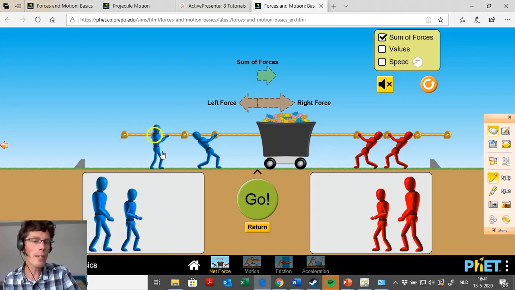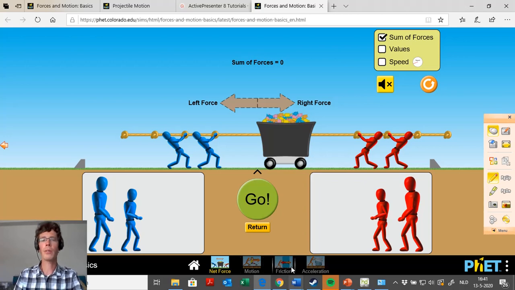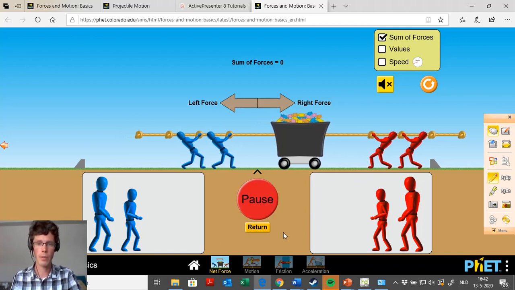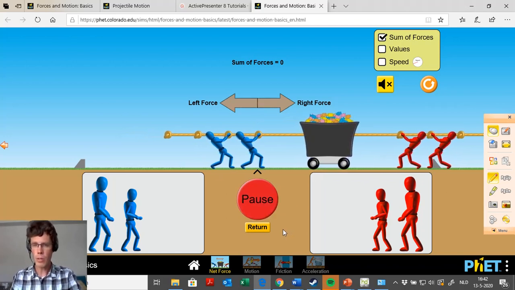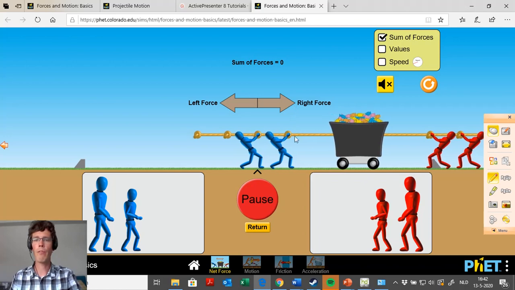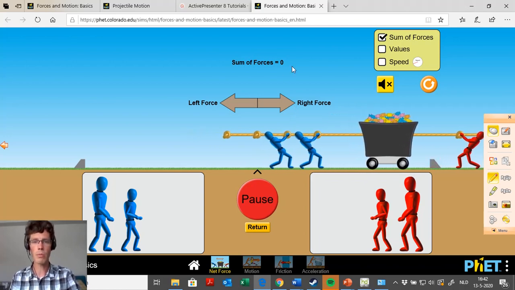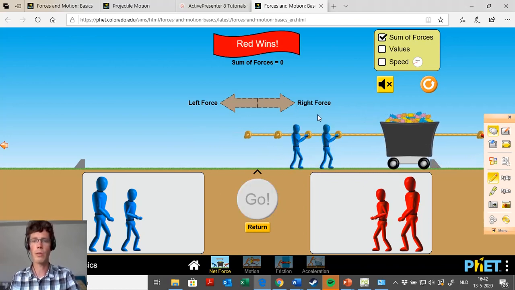If I now add another guy to the left, then the force to the right and the force to the left cancel each other out. The sum of the forces is 0. So if I press go again, you might expect that the cart would stop. Let's do it. The cart doesn't stop. The force on the cart is 0 because the forces cancel each other, but the cart simply keeps moving.